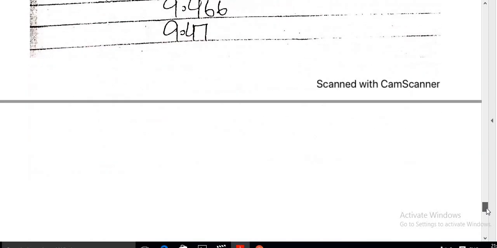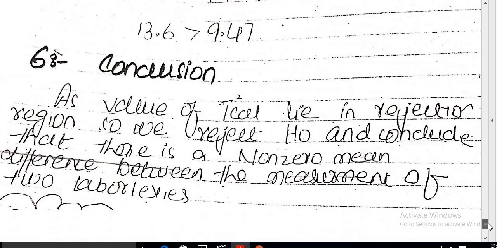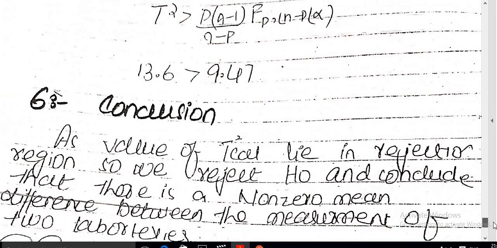At 9 degrees of freedom with p equal to 2, F is equal to 4.26, and after calculating, we obtained 9.47. 13.6 is greater than 9.47. As the calculated value of T-square lies in the region of rejection, we reject H naught and conclude that there is a non-zero mean difference between the measurements of the two laboratories.